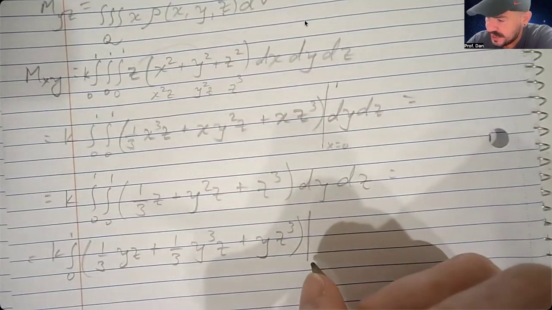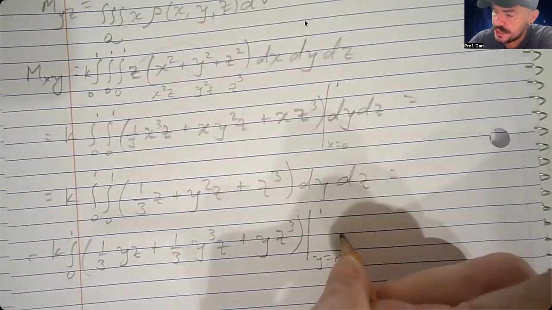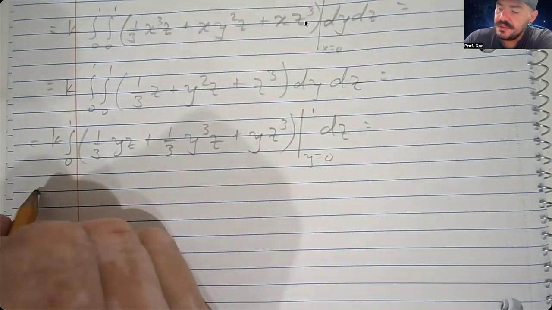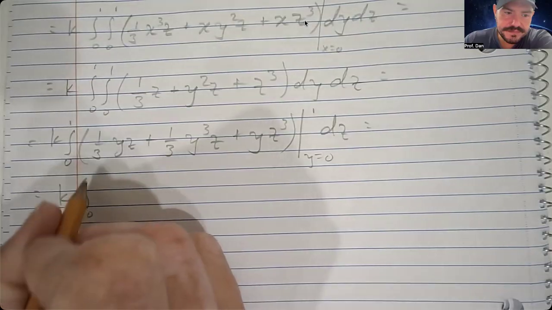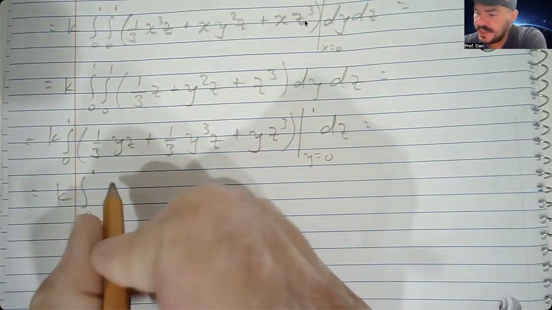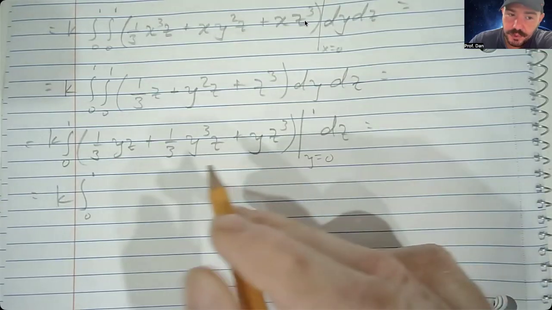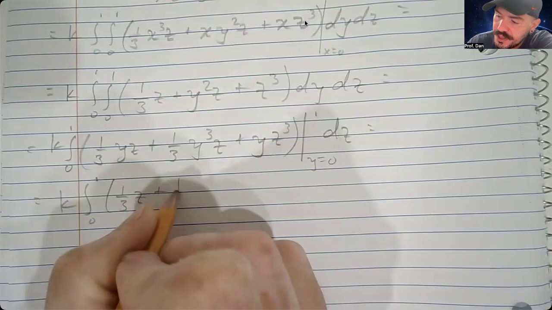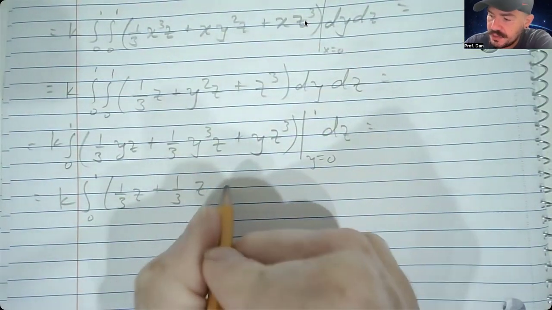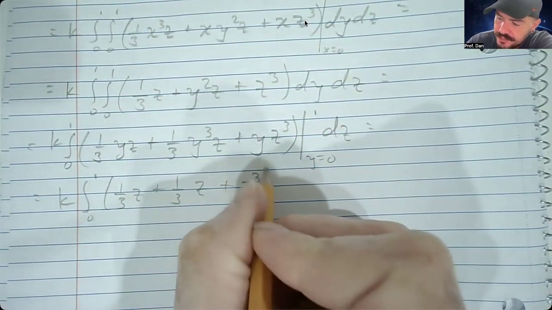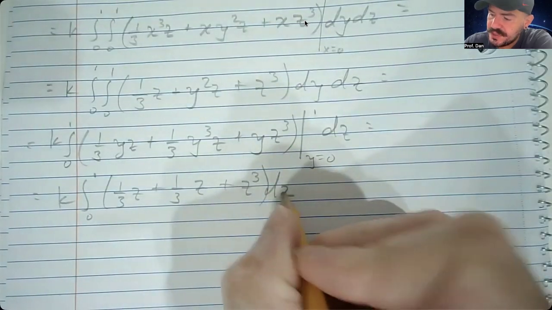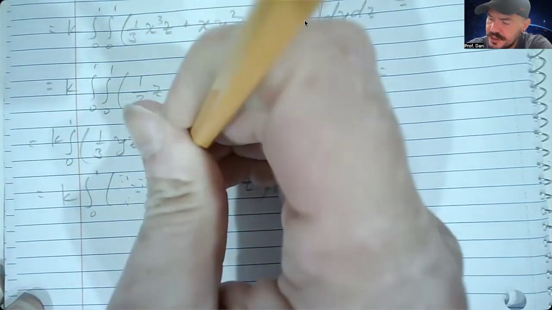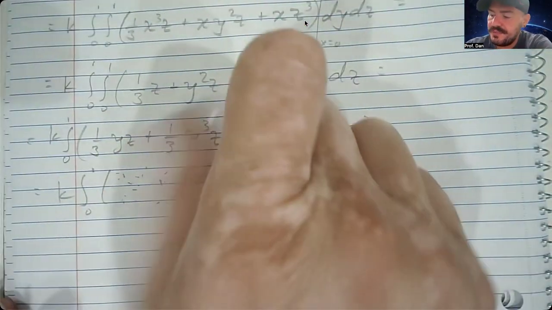And we're going to evaluate that from y equals 0 to y equals 1, and then integrate with respect to z. Remember we're plugging these numbers in for y. So the result is going to be 1/3 z plus 1/3 z plus z to the third. If I combine like terms, I can simplify this a bit and call this term 2/3 z.